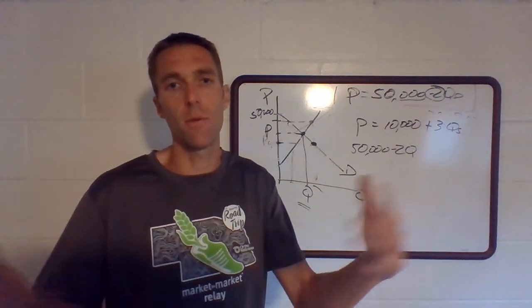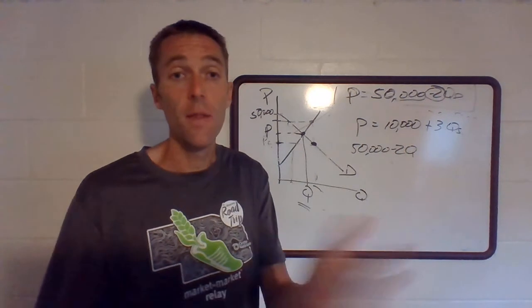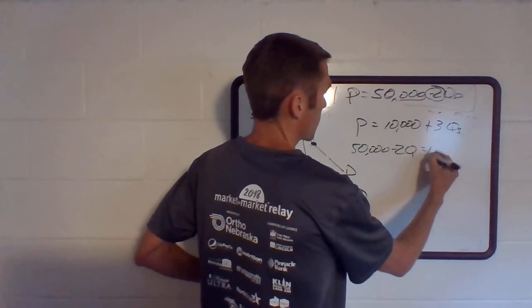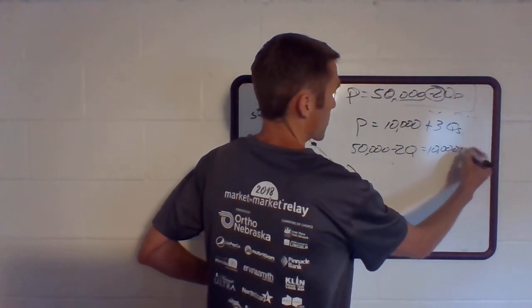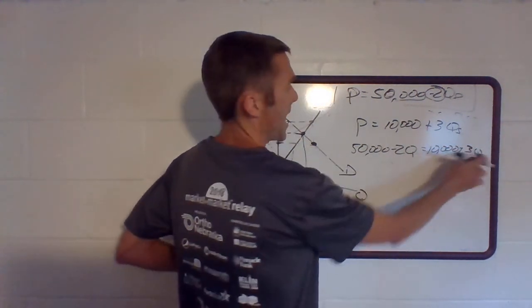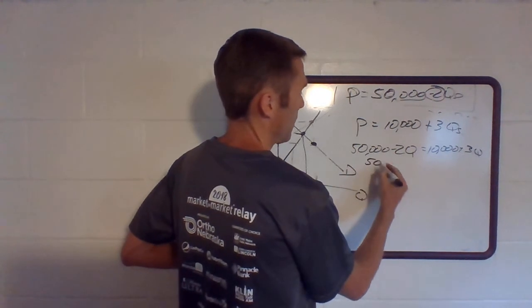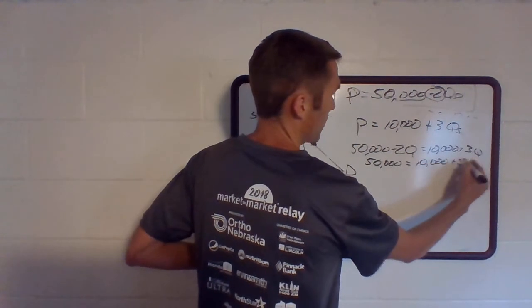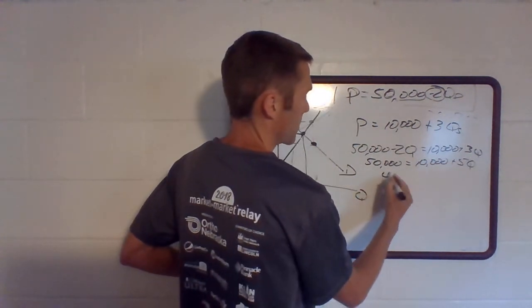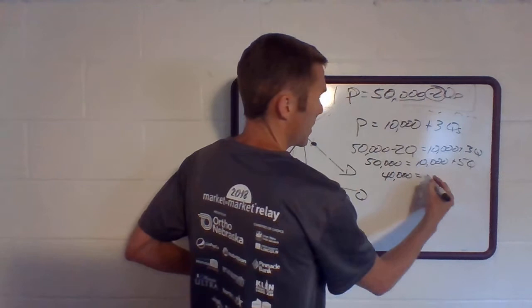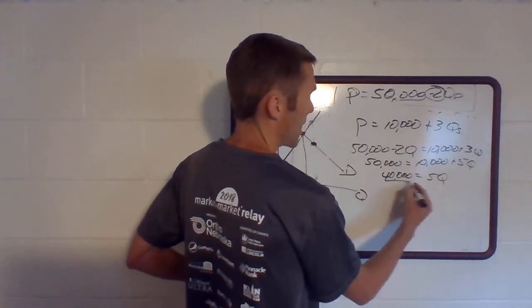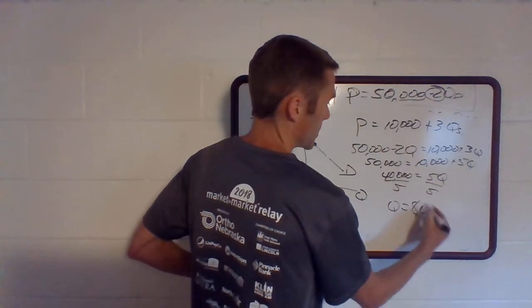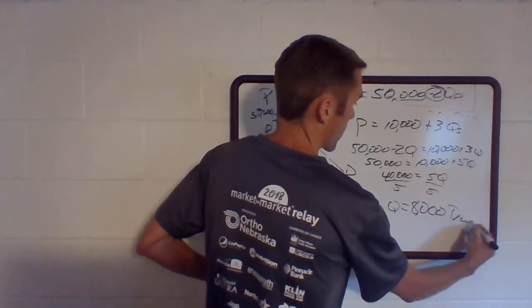Trucks are trucks, whether we're supplying them or demanding them, so the subscript can go away. 50,000 minus 2Q is equal to 10,000 plus 3Q. Let's add 2Q to both sides. 50,000 is equal to 10,000 plus 5Q. Let's subtract 10,000 from both sides. 40,000 is equal to 5Q. Let's divide both sides by 5. My quantity is 8,000 trucks.